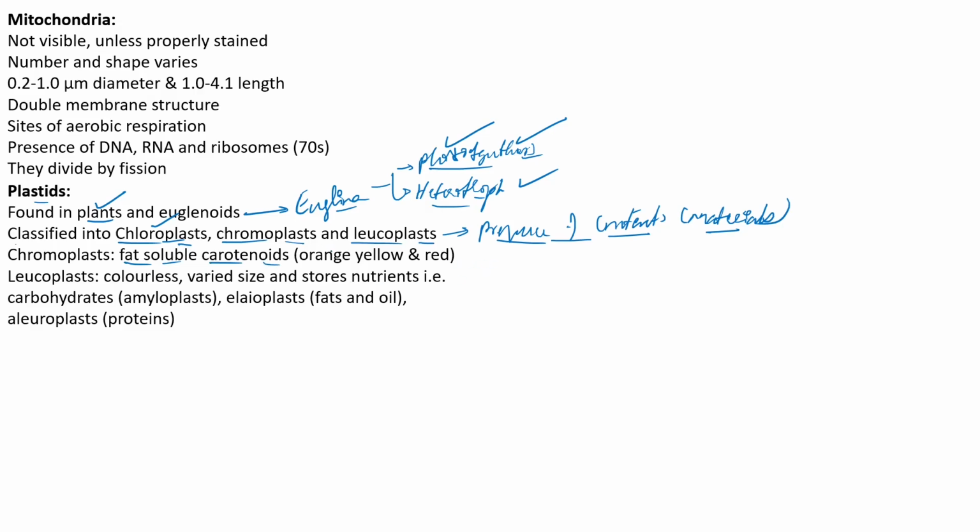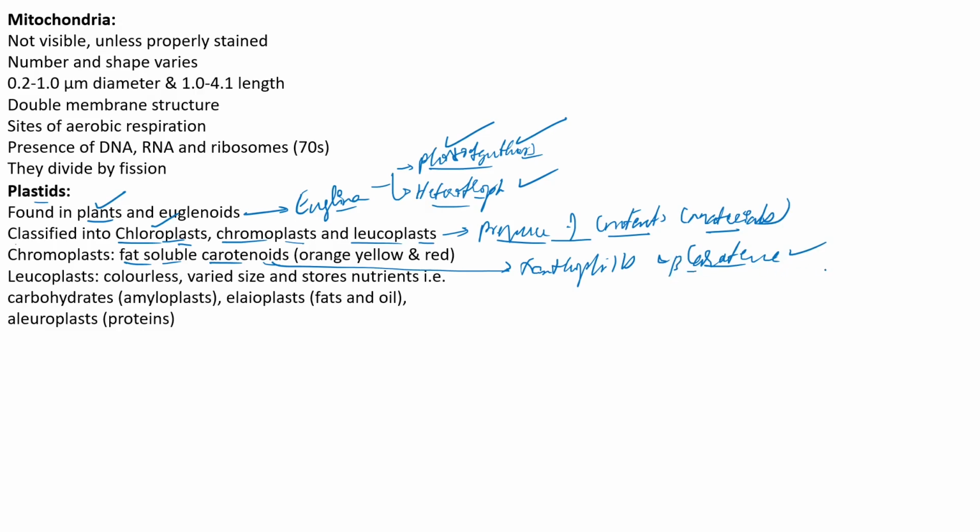Examples of carotenoids are the xanthophylls and one more, the carotene. We all know that many people suggest young children eat carrots, because the carrot mainly contains carotene, also called beta carotene.